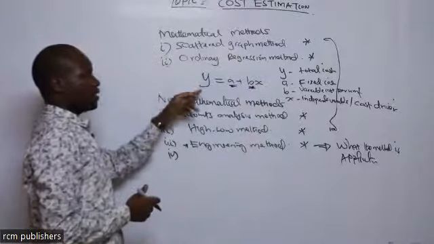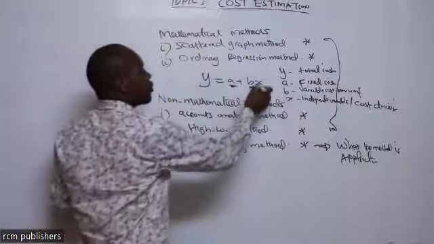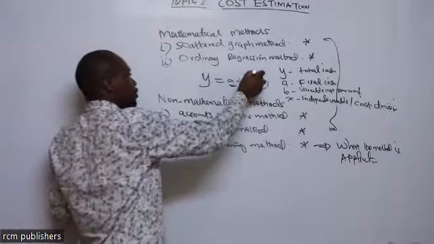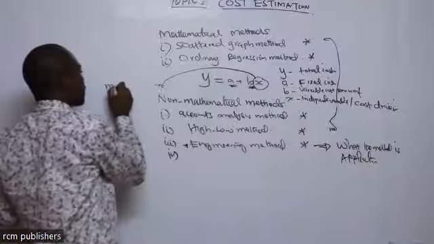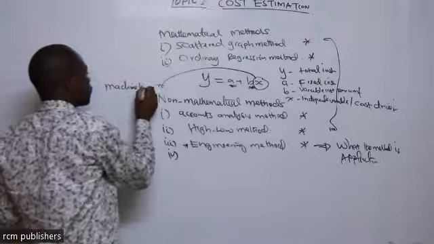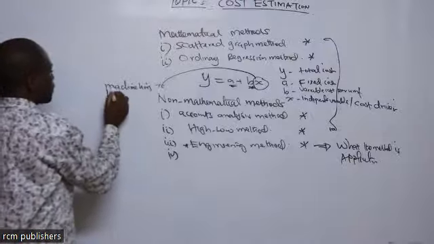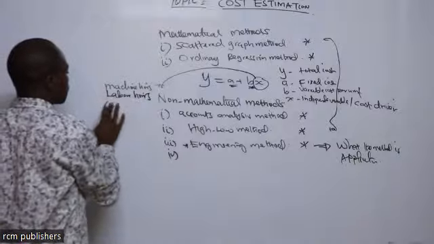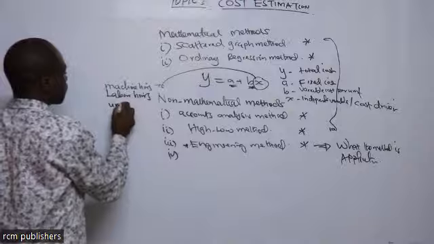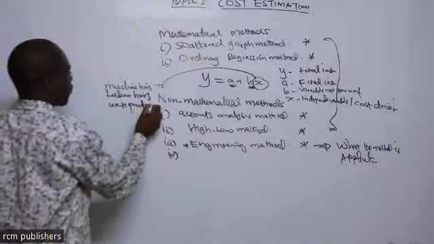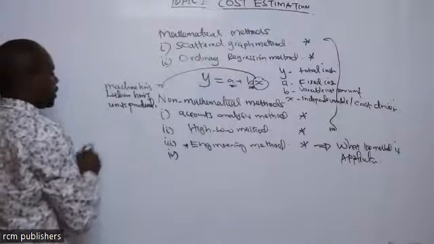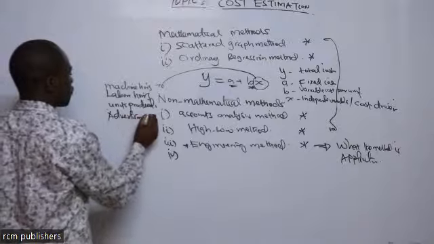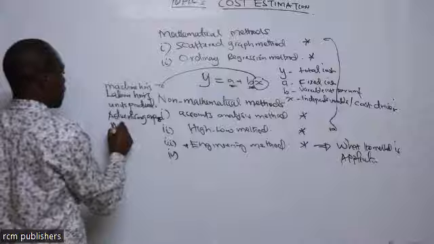But whatever is going to determine our total cost here is now the quantity of the output, the activity level, of which this activity level can be machine hours, can be labor hours, can be units produced, it can be advertising expenses, it can be marketing expenses.